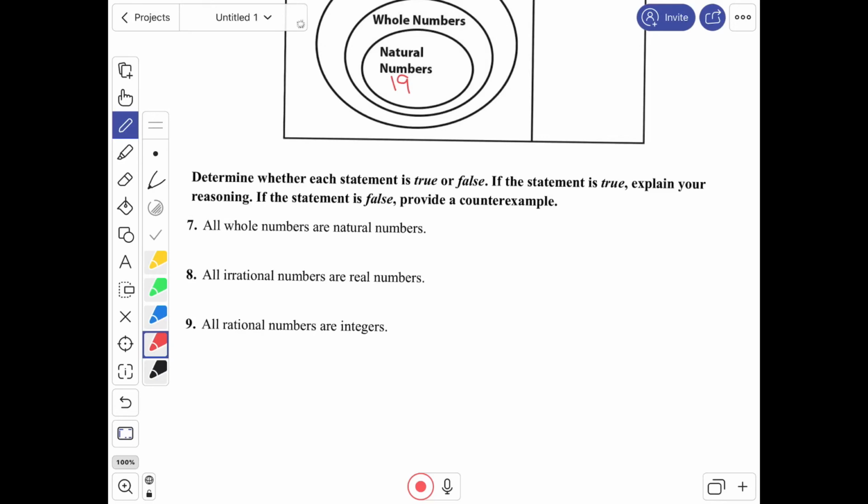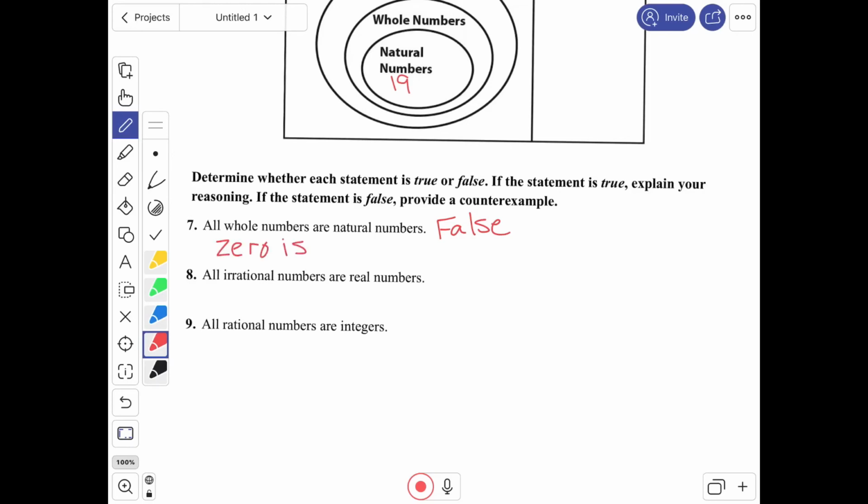For example, number 7 says, all whole numbers are natural numbers. That is not true. Natural numbers is the smaller category, so that's false. What is an example of a number that is whole but not natural?